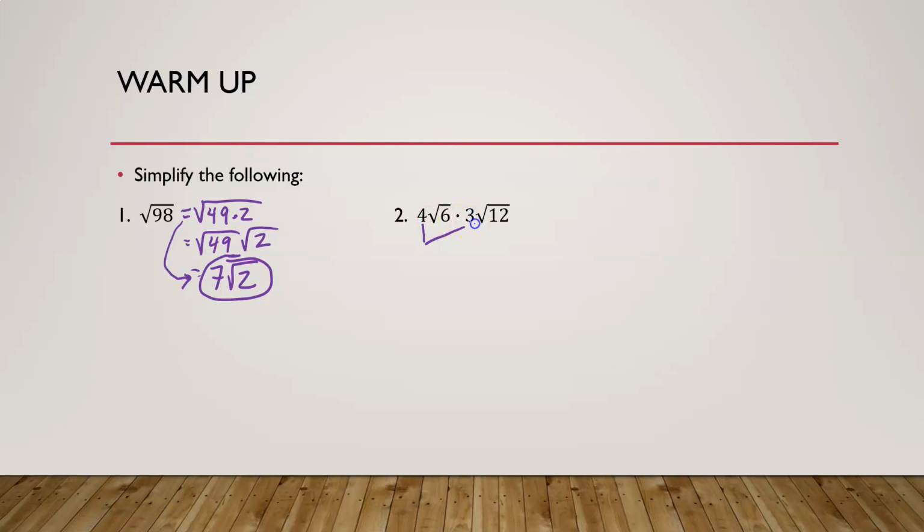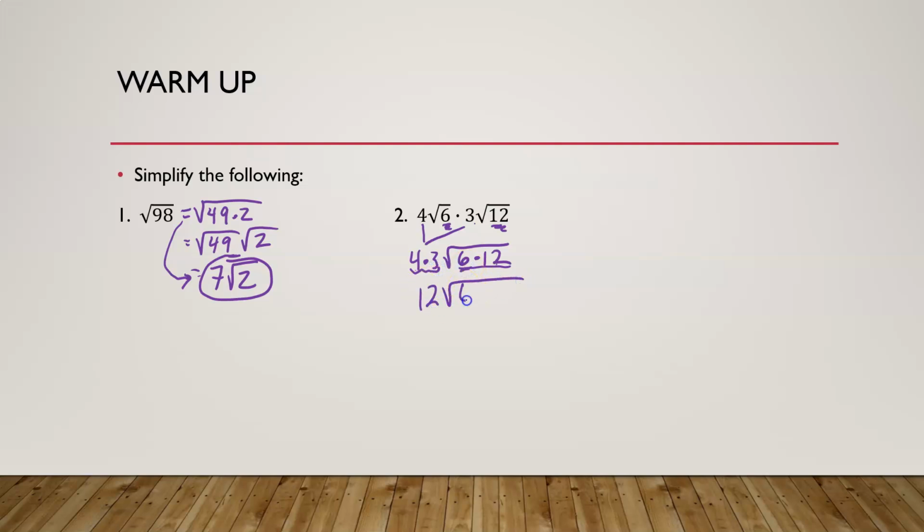All right, the second one, we had to multiply two radicals. So we talked about if there's numbers in front, we multiply those together outside. And then we take the things under the radicals, and those will be multiplied together inside. We also talked about how you are allowed to multiply the 6 times 12, but then you get a big number that you have to think about perfect squares for anyways. Instead, I can actually just break down the 12. So first I'm going to do 4 times 3, which is 12 in front.